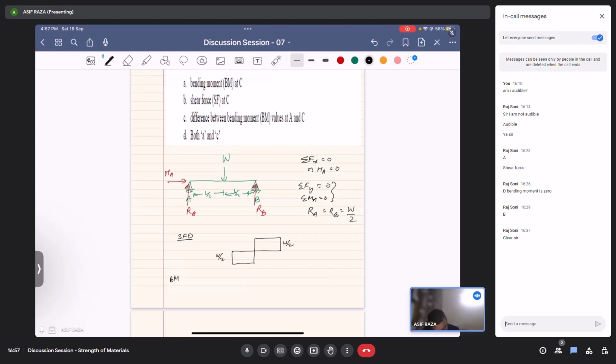And the bending moment diagram would be W by 2 times L by 2, which is WL by 4, and this is equal to WL by 4. And this is at C.